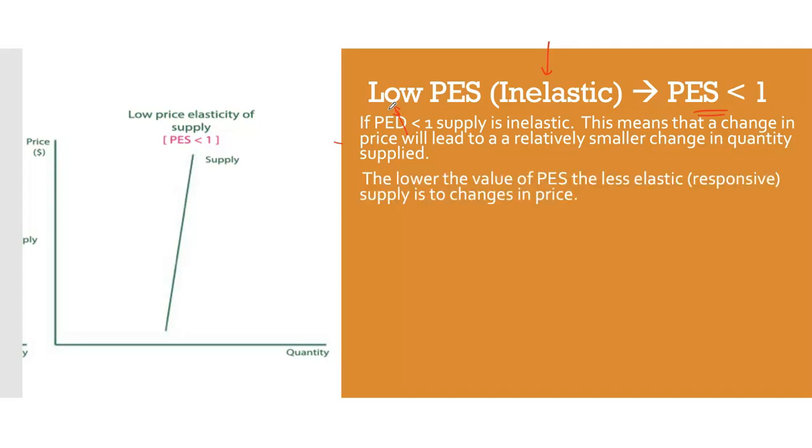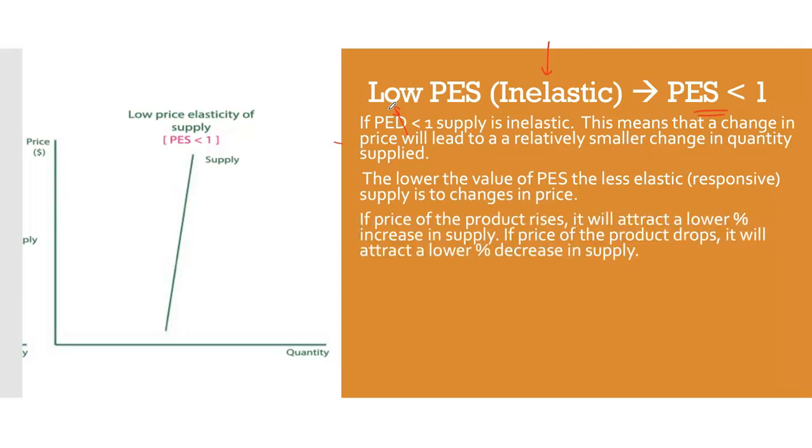The lower the value, the less elastic, or the more inelastic, so less responsive supply is to changes in price. So if the price of the product rises, it will attract a lower percentage increase in supply, and if the price of the product drops, it will attract a lower percentage decrease in supply.